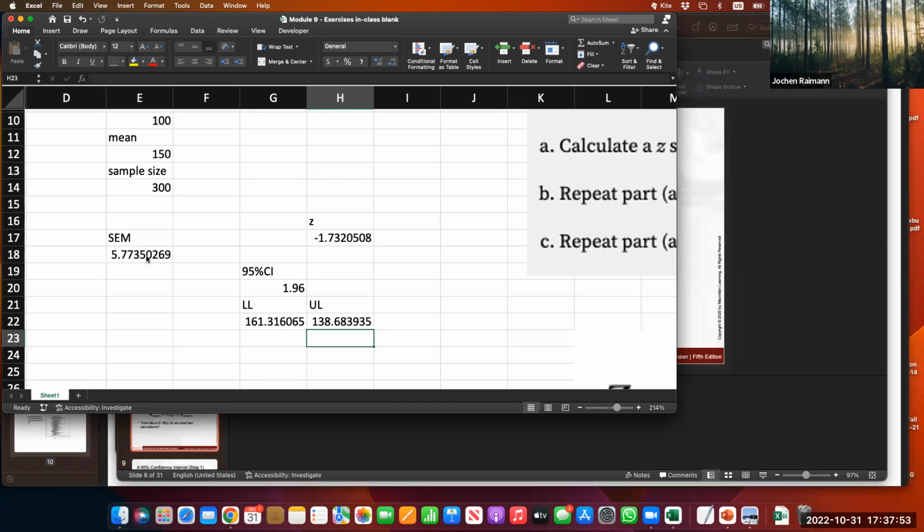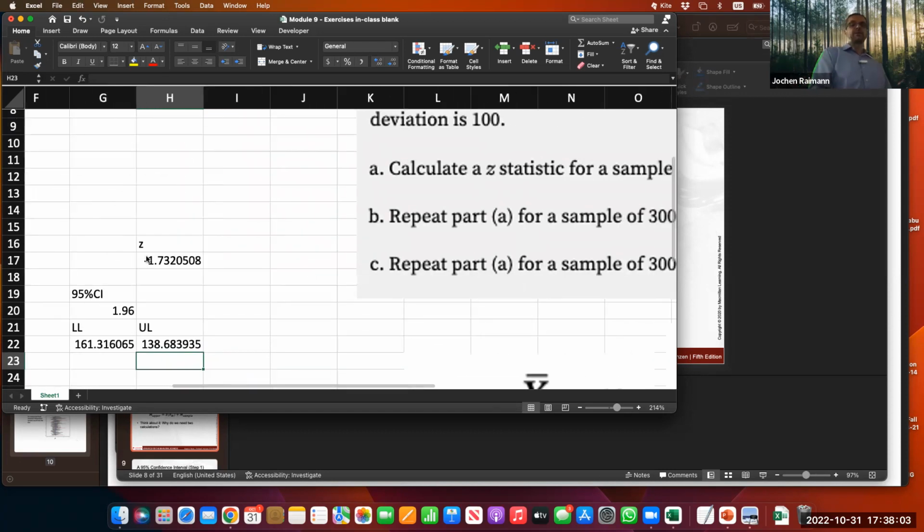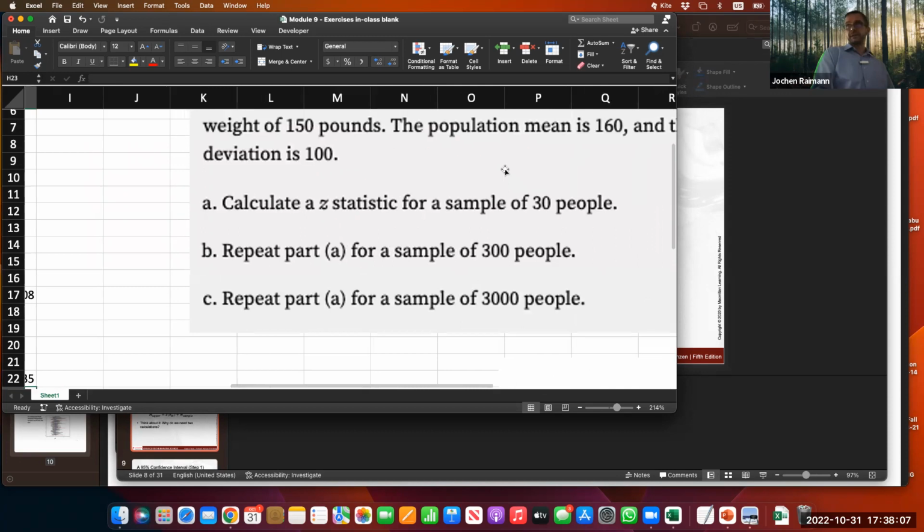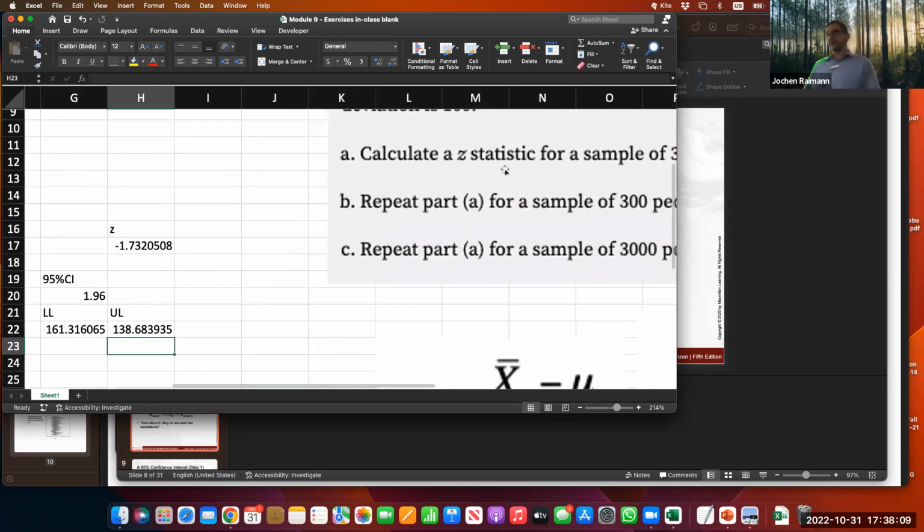This is also reflected here with the 95% confidence interval, which does contain the population mean of 160. Because it is captured within the confidence interval, we're not rejecting the null hypothesis. So this is where hypothesis testing and the confidence intervals are actually overlapping.